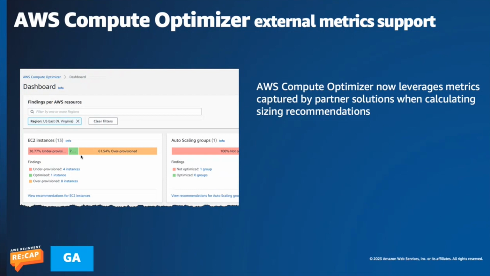So some of them that are optimized, over provisioned, under provisioned, and that could be used to provide some insights on top of the ones that are provided out of the box within CloudWatch.